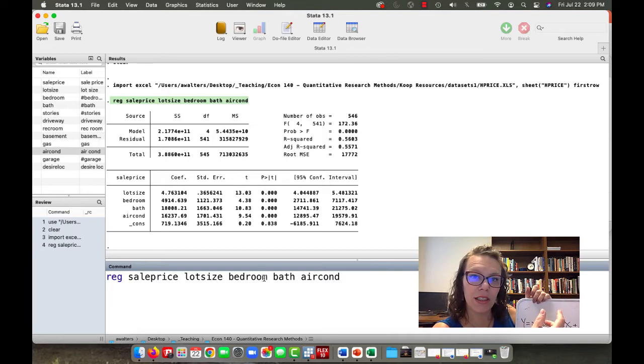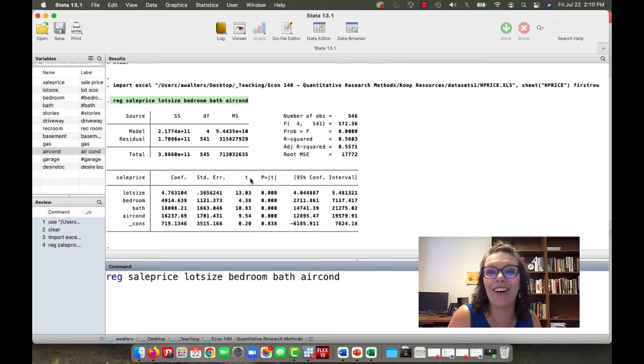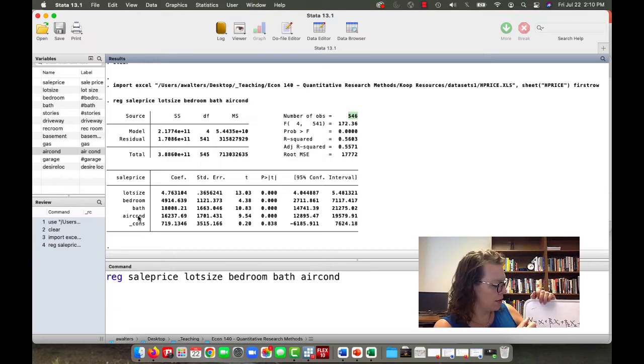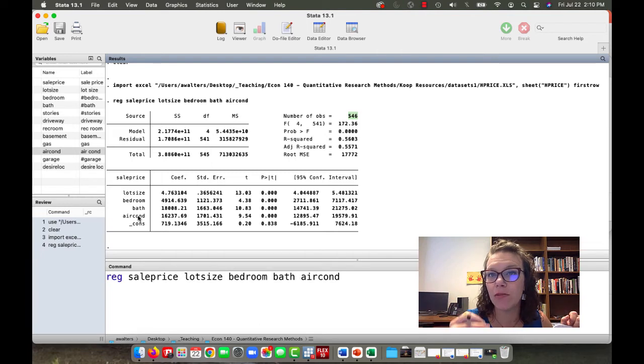And I have the x values for each observation. I have a sample here, and you can see it on the regression results. It'll always tell you the number of observations, 546. So out of 546 houses, I have their sale price, lot size, number of bedrooms, number of bathrooms, and air conditioning. And so there's a y, x1, x2, x3, x4 for each observation.